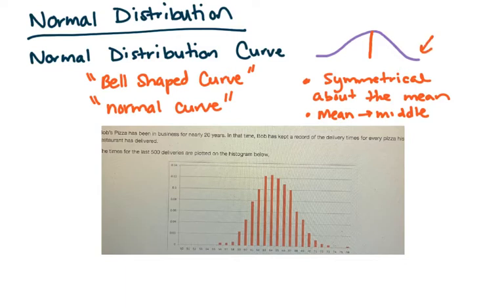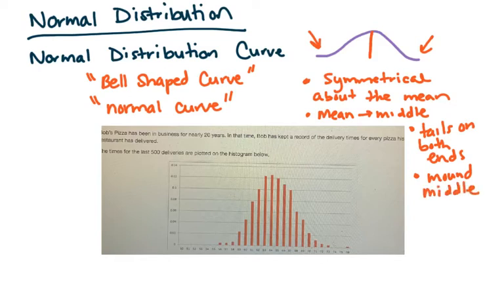It has tails on both ends, and those tails should also be symmetrical. And it has a mound in the middle, meaning that the majority of your data is going to fall in the middle of the normal curve.